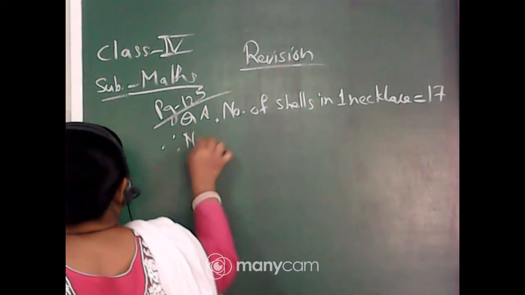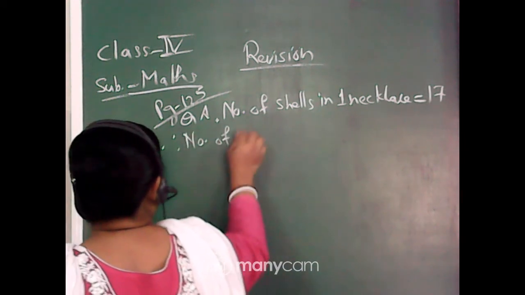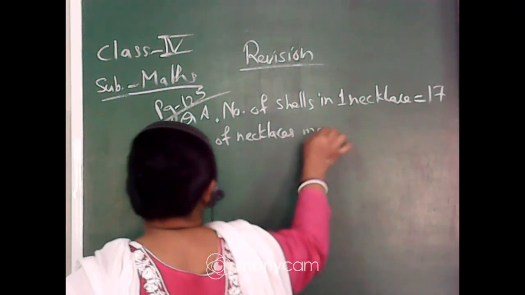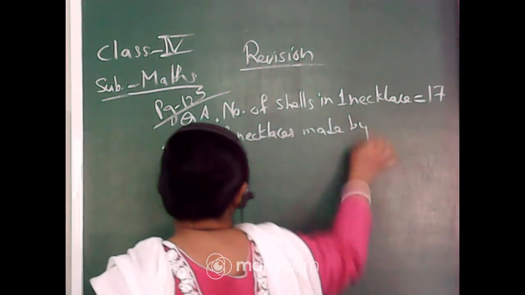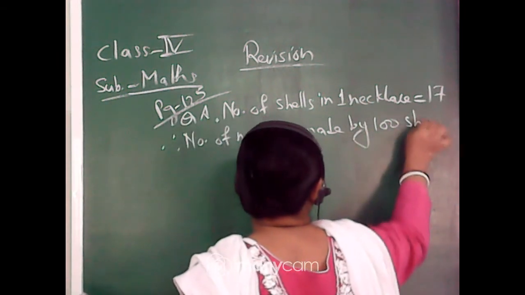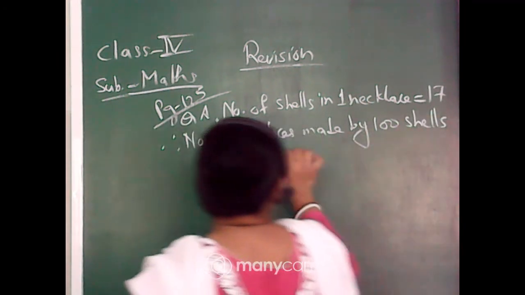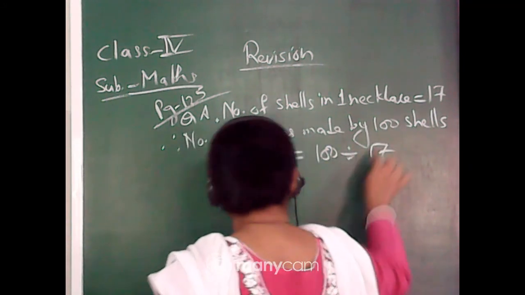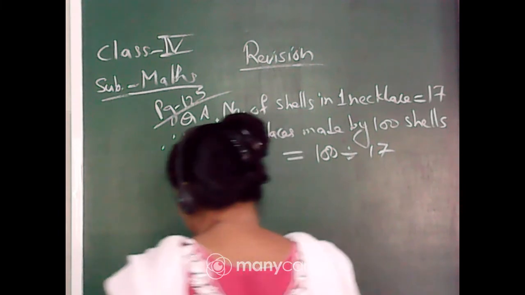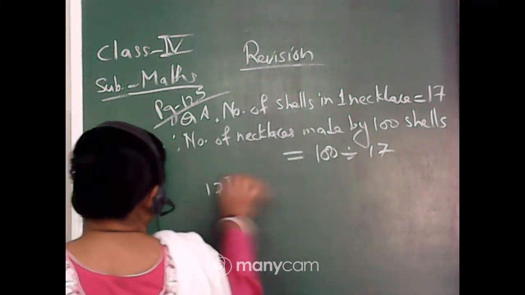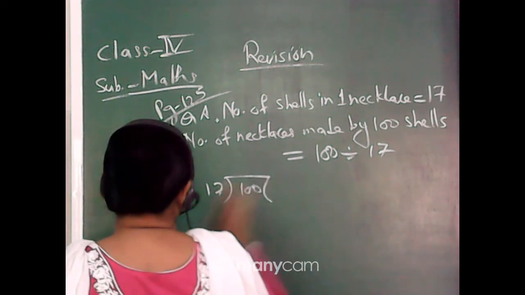Therefore, number of necklaces made by 100 shells is equal to 100 divided by 17. 100 divided by 17. So obviously 17 outside, 100 inside.